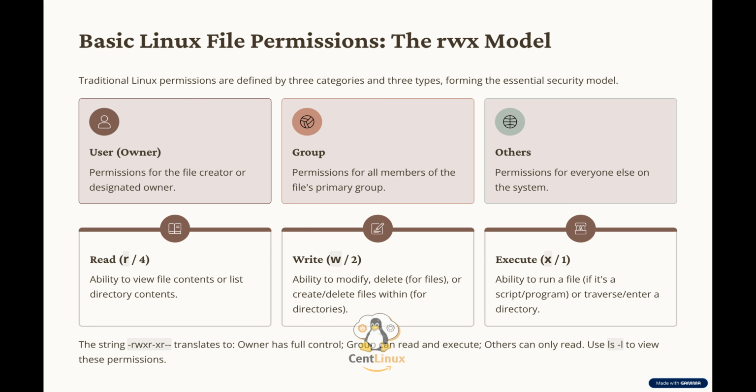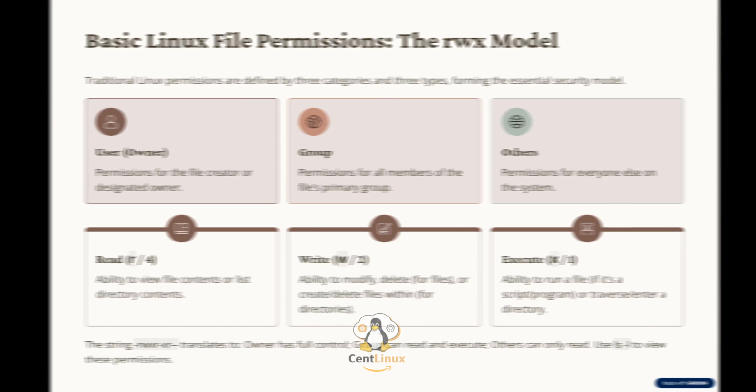Read equals 4, write equals 2, execute equals 1. When you run ls -l, you'll see a permission string such as drwxr-xr--. This means the owner has rwx, which is full access, the group has r-x, read and execute, others have r--, read only. This rwx model is the core of Linux's traditional security system.